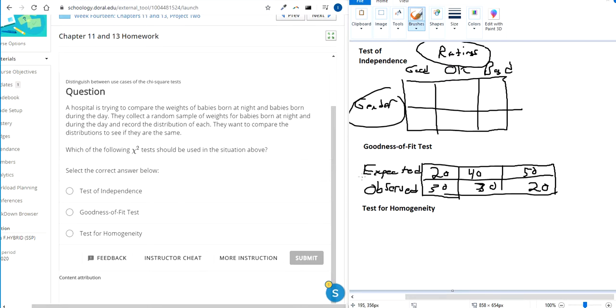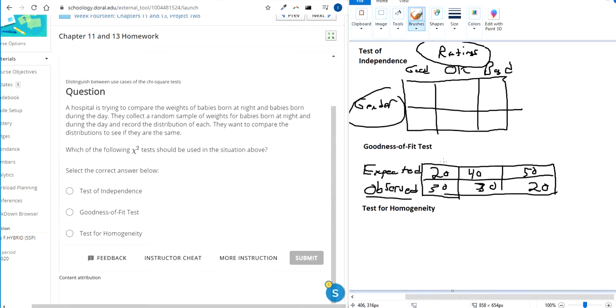You could test to see whether your observed numbers, the data that you actually collected, are different enough from this expected amount. Okay, and those numbers are certainly different right now, but they might be close enough to the expected amount so that we can't say it with certainty. That's why we use statistics. Okay. So that's a goodness of fit test when you compare your observed amounts to your expected amounts.